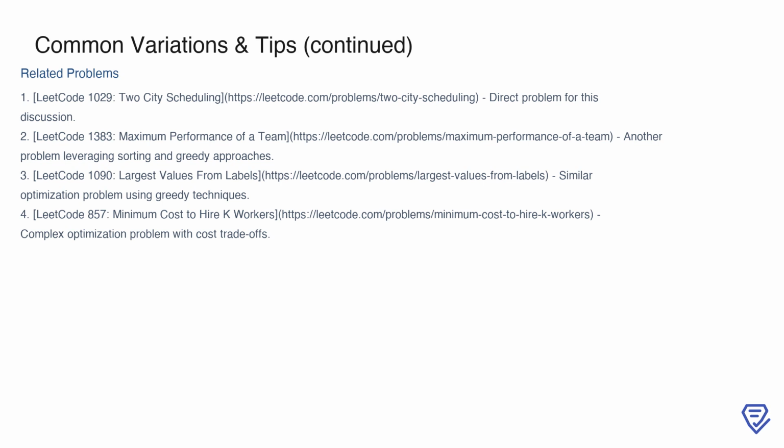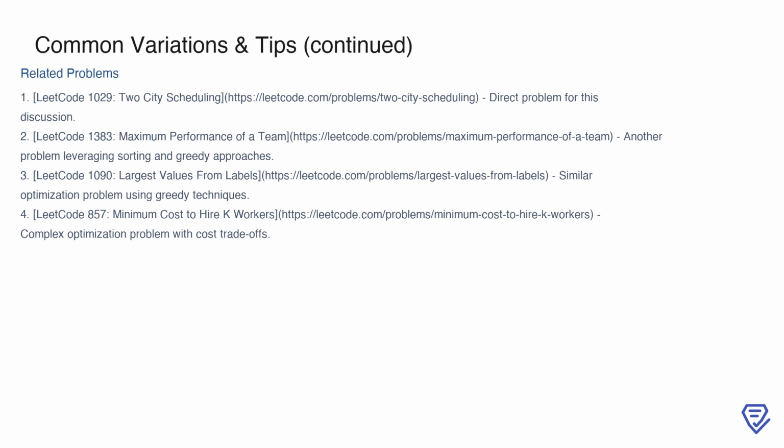Similarly, LeetCode 1090, largest values from labels, involves a greedy approach to maximize a sum while satisfying additional constraints. For a more complex example, LeetCode 857, minimum cost to hire K workers, explores optimization with cost trade-offs, combining techniques like sorting and heap-based approaches.